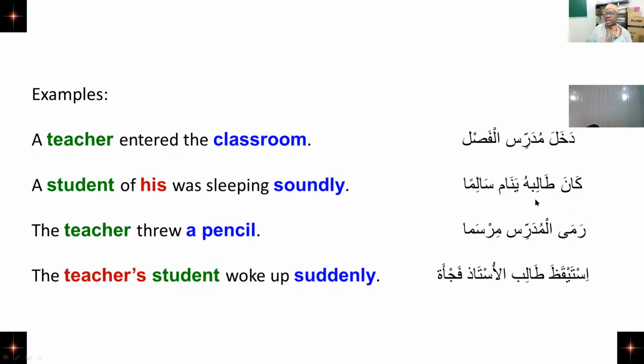Again, kana talibuhu yanamu saliman. Okay? And then rama al-mudarris mirsaman. Okay? And then istayqadha talib al-ustad, and then faj'a. Okay? Now these are the meanings corresponding to these statements.